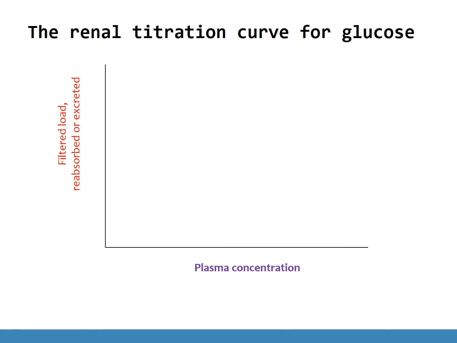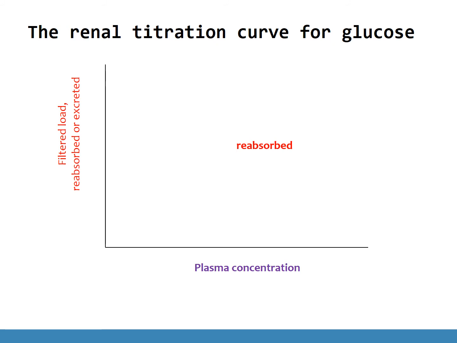Now, as you can imagine, as the plasma concentration of glucose increases, the filtered load of glucose will also increase. More glucose in the plasma, more will be filtered into the Bowman's capsule. So basically, you know that glucose is completely reabsorbed.